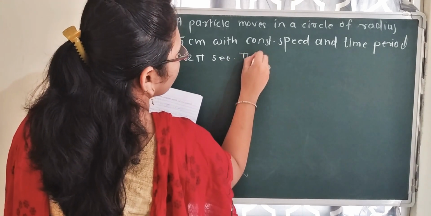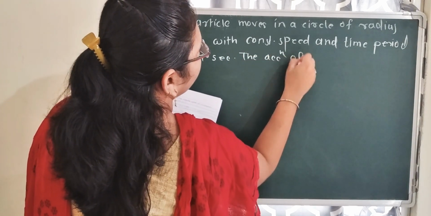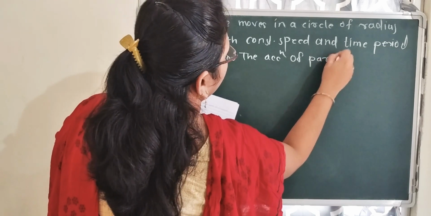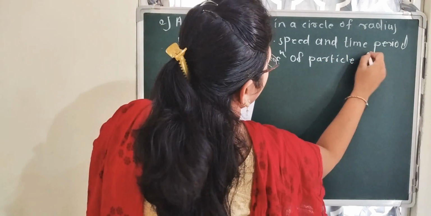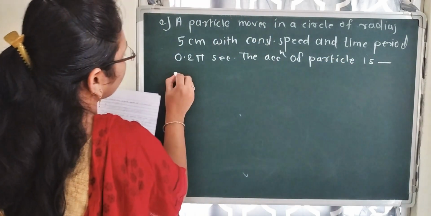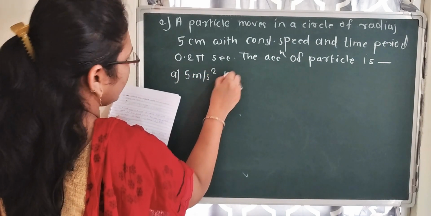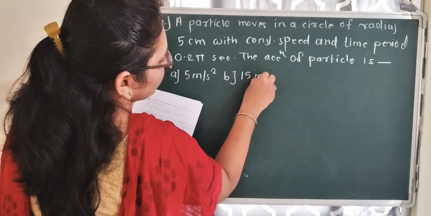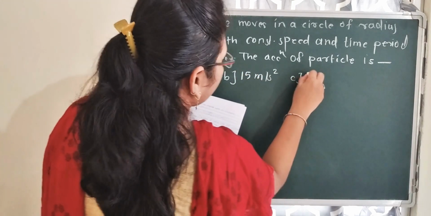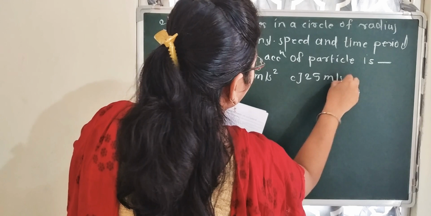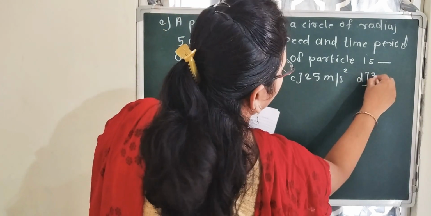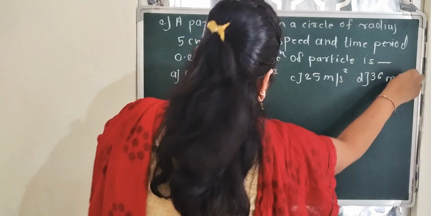The acceleration of the particle is: options are given, 5 meter per second square, second is 15 meter per second square, third 25 meter per second square, and last is 36 meter per second square.